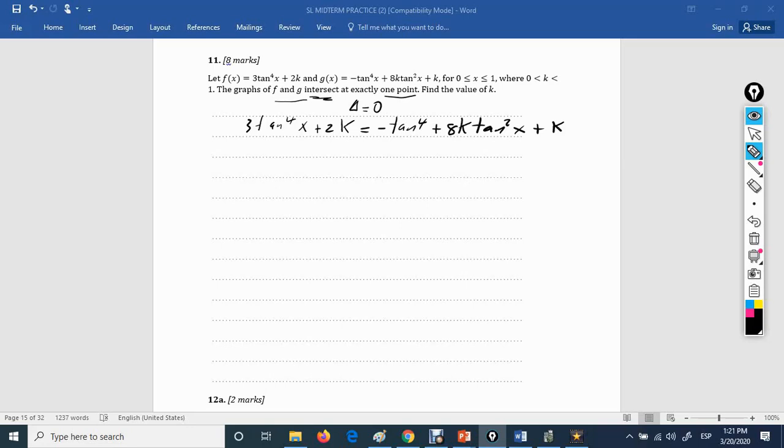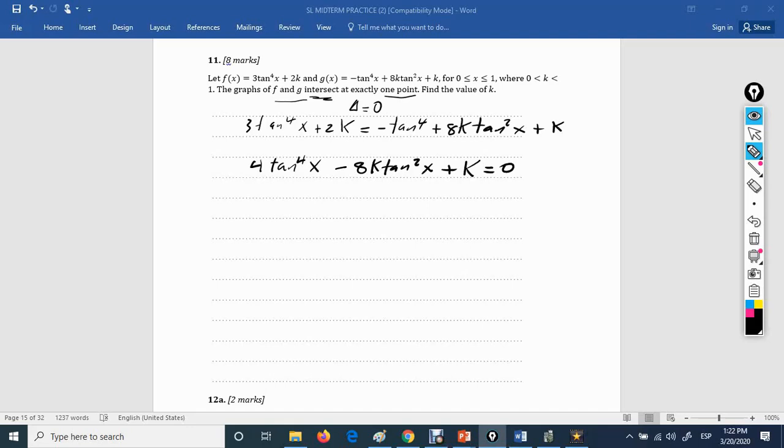Let's move everything to the left-hand side. So 3 plus 1, we would have now 4 tangent to the power 4 of x minus 8k tangent squared of x, 2 minus 1, so plus k equals 0.